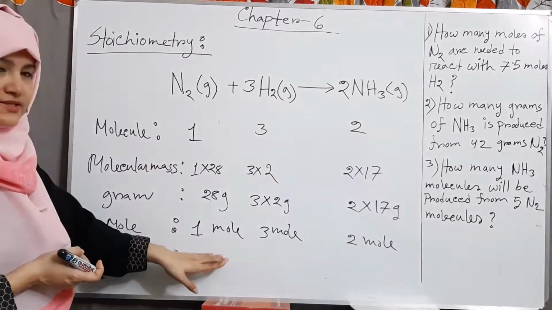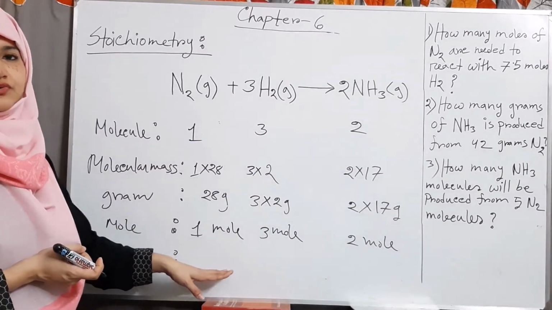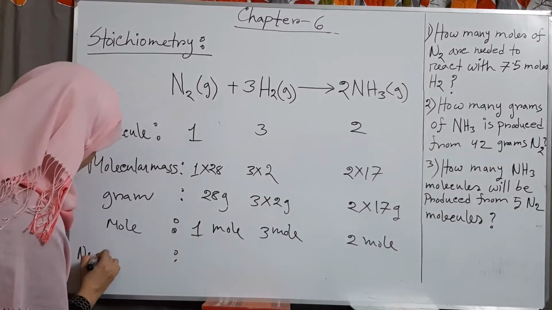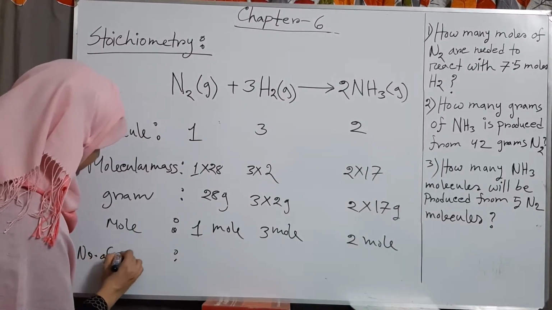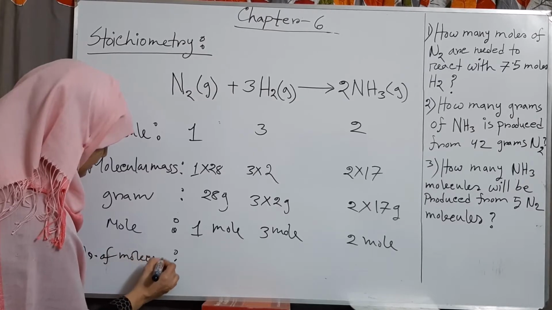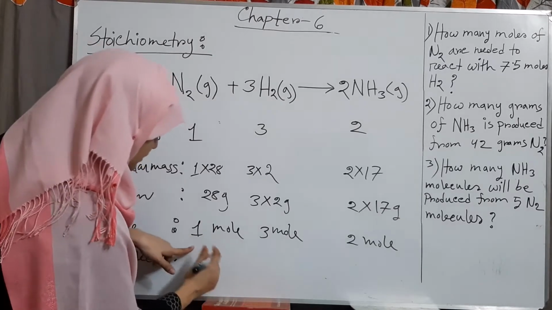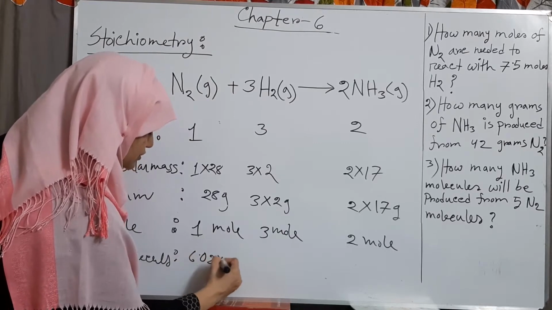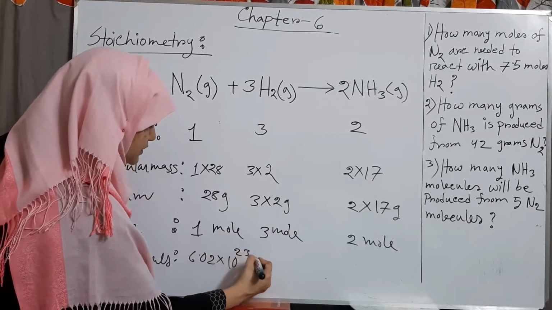This number is 6.023 into 10 to the power 23. That means the number of molecules will be 6.02 into 10 to the power 23 molecules.